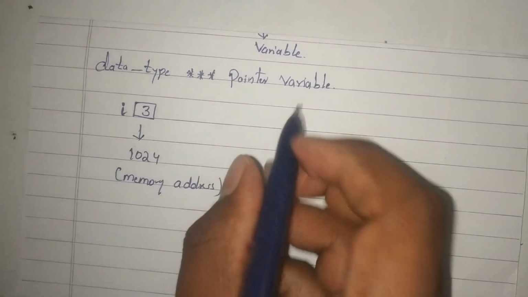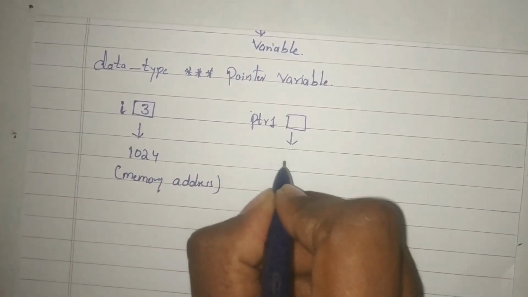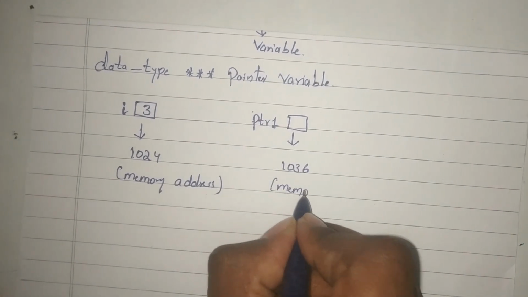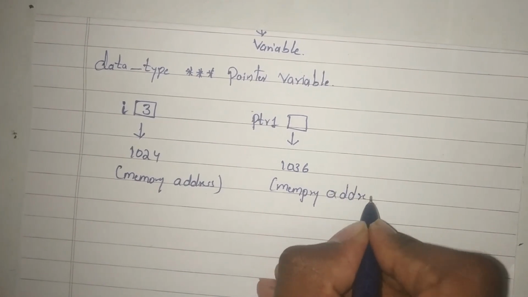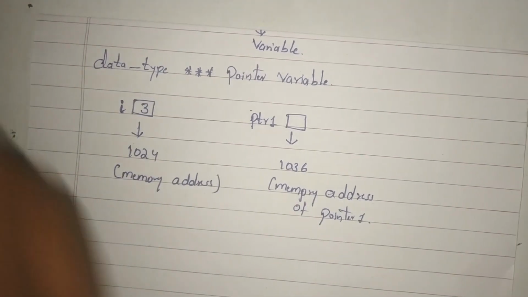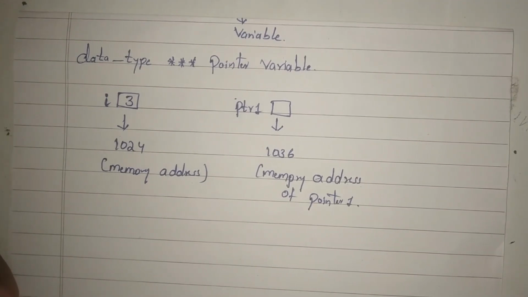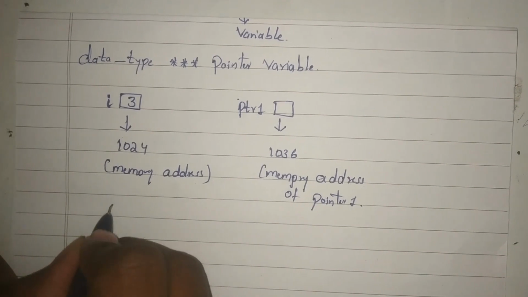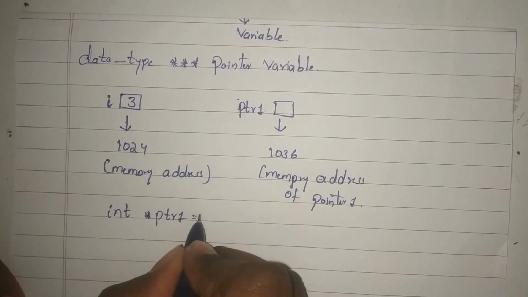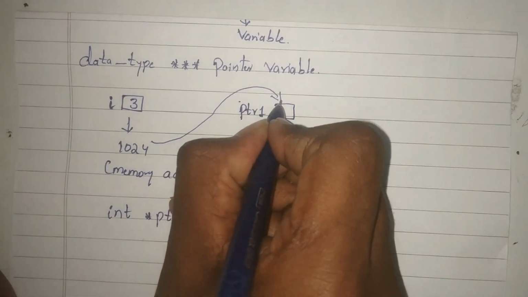Now let me take a pointer variable, ptr1, which has memory address 1036, which is the memory address of pointer 1. Now if we access it like int star ptr1 is equal to ampersand i, it will store the memory address of variable i.